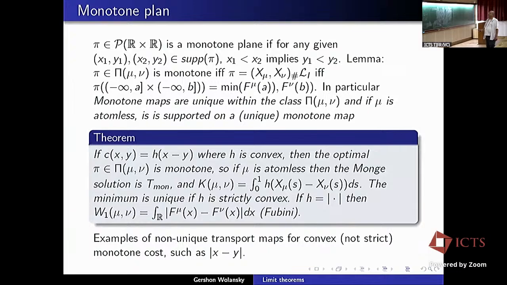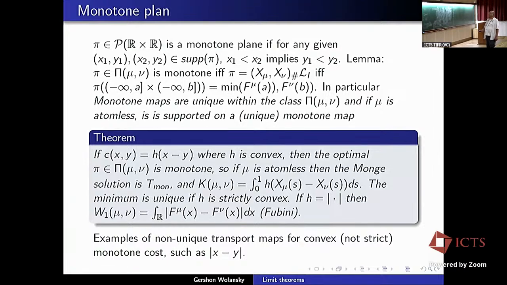If and only if the pi measure of this infinite rectangle, minus infinity to a by minus infinity to b, is the minimum of the two accumulation functions. So in particular, monotone plans are unique in the class of plans between mu and nu. There is only one measure in this class which is monotone in this sense.